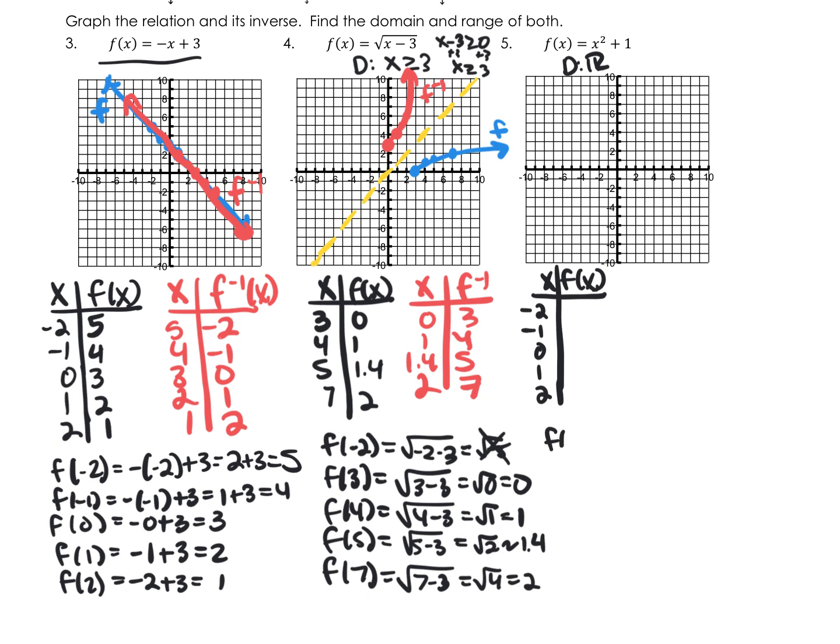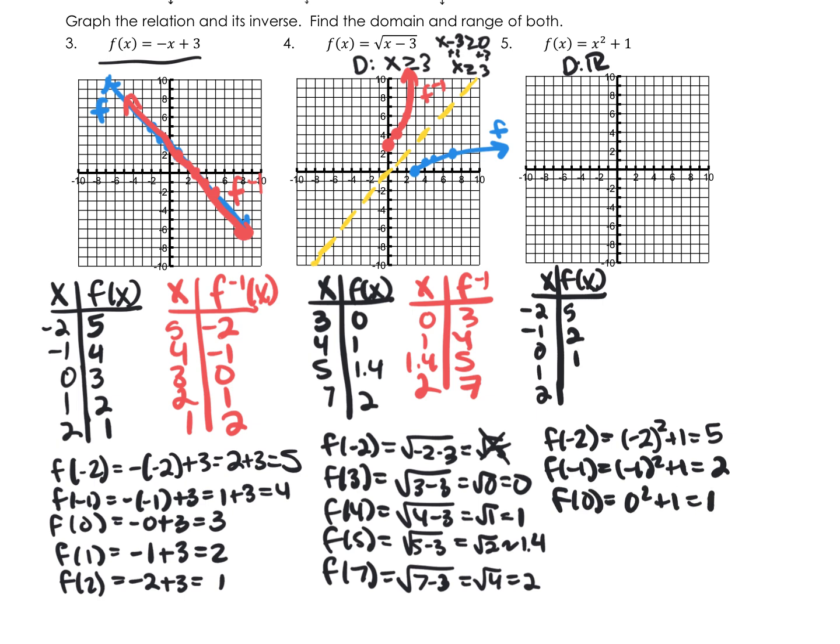So plug those into our equation. Don't forget to put parentheses around it if you use a calculator. This should be 5. This should be 2. This should be 1.